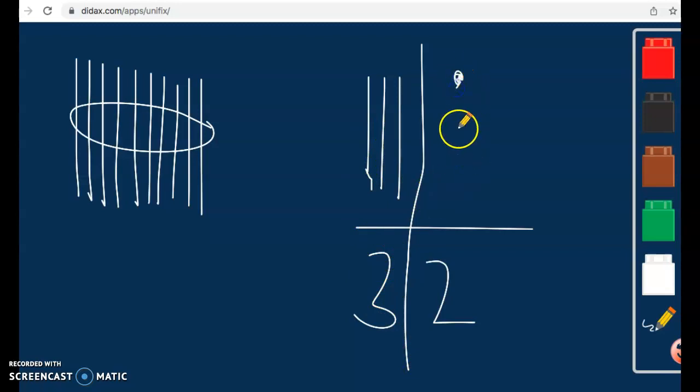We can just draw 2 little circles for that, and that would be 32. This bundle over here is 10 tens bars, so together this would equal 100. So this is 100 and this is 32.